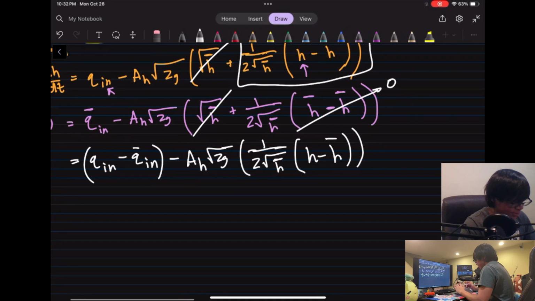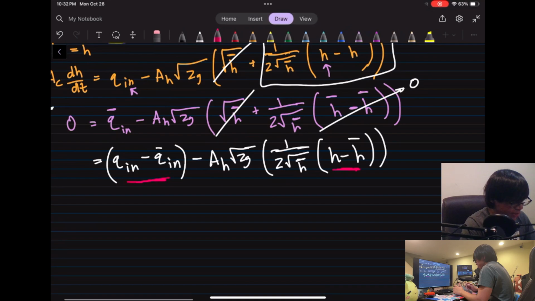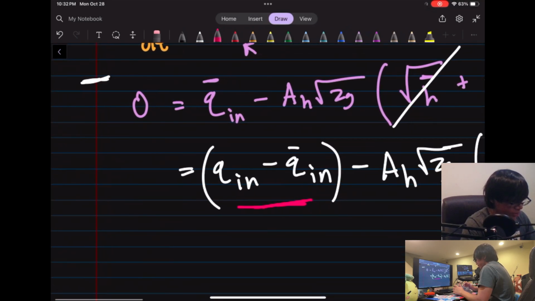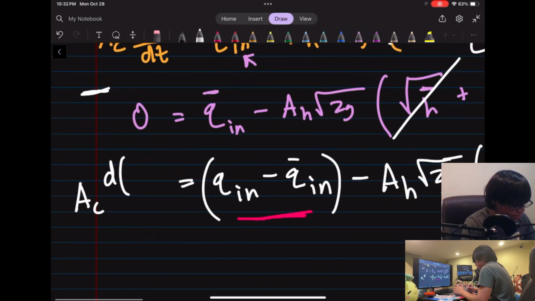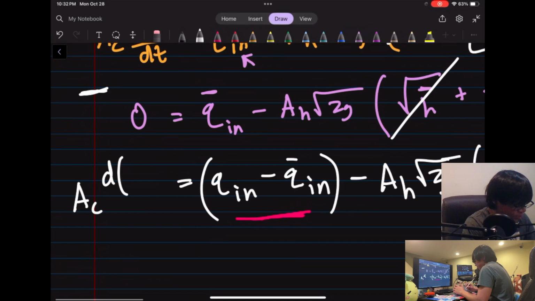Now you see these recurring terms, the dependent variable minus its initial steady state, and that's exactly what we want to do on the left-hand side also. To do that, we can write something in the derivative that's equivalent to what's written above: the dependent variable minus steady state, or initial value, with respect to time.